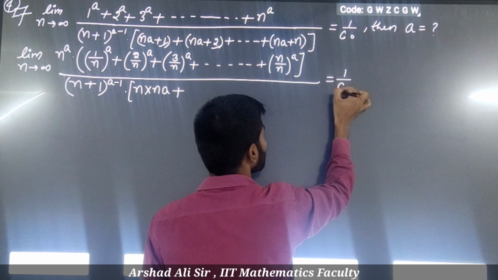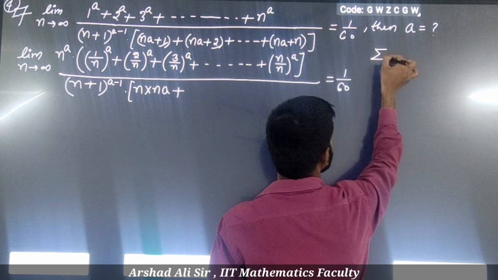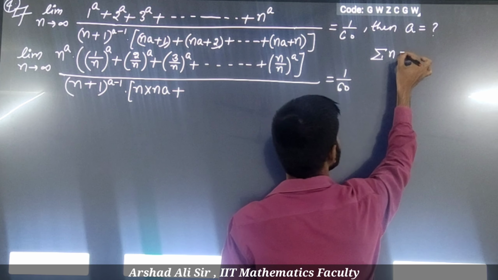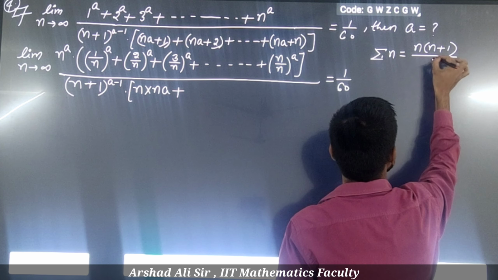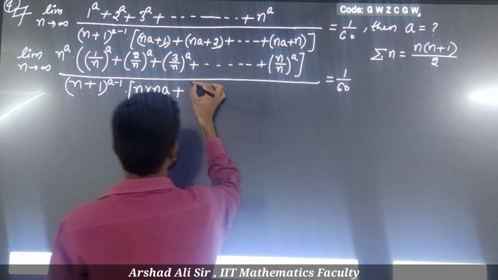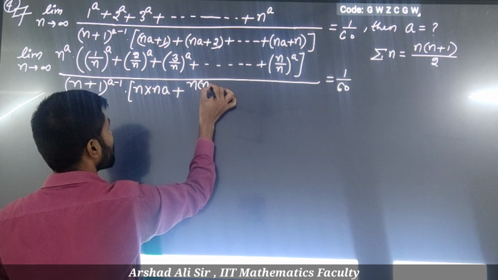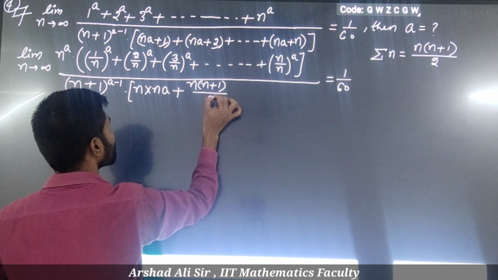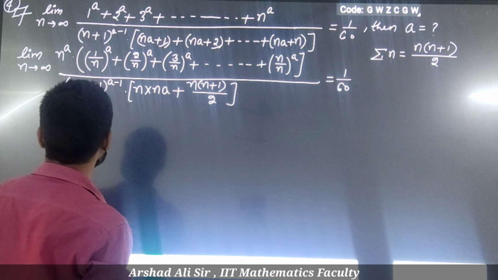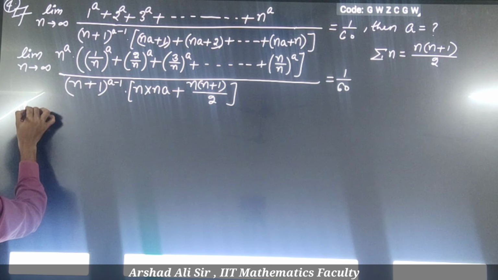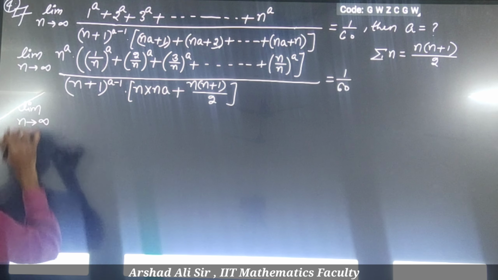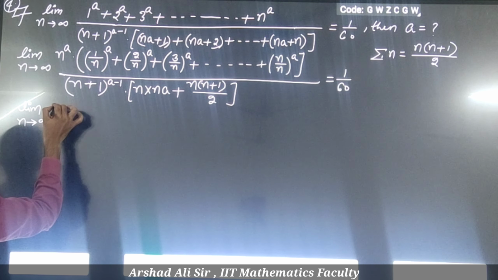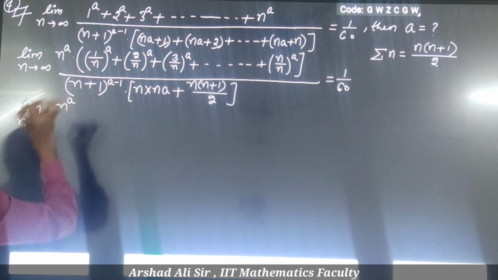We have given it is equal to 1 by 60. Here we can write summation n is equal to n into n plus 1 whole divided by 2. Okay, is that clear? After that, in next step what we can do, limit n tends to infinity. Okay, n to the power a.